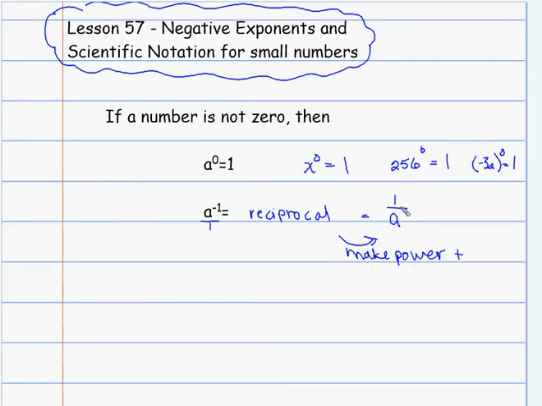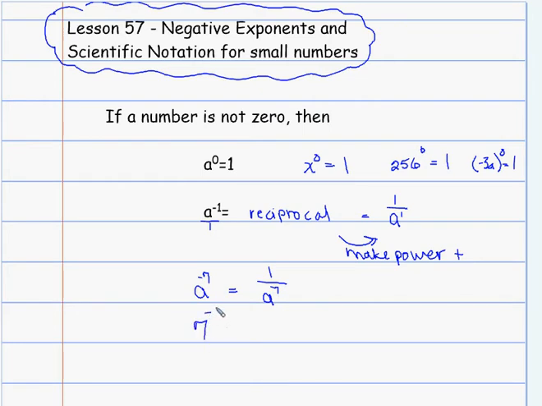So it was negative 1, now it's positive 1. So if we had a to the negative 7th power, that would become 1 over a to the positive 7th power.